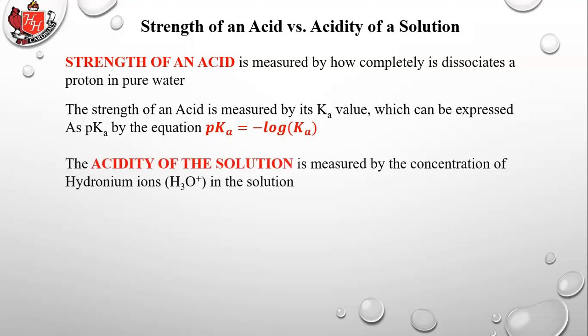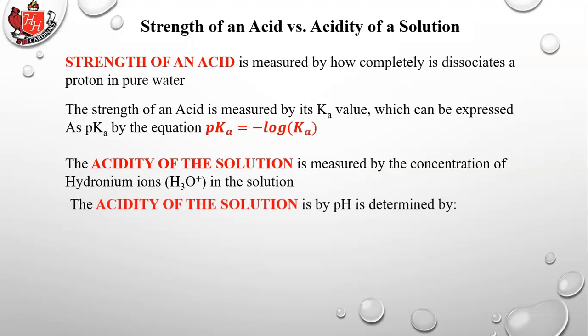Now, the acidity of a solution is measured by the concentration of hydronium ions, H3O+, in the solution. The acidity of the solution is measured by pH and is determined by, first, the strength of the acid, that is the Ka value. It's how strong the acid is, but also how much you use.